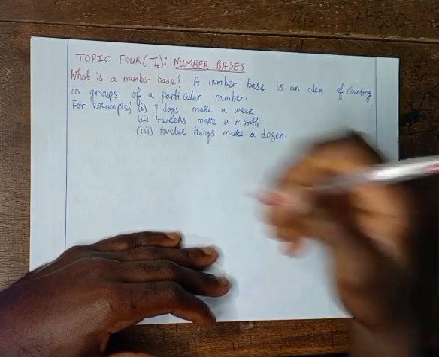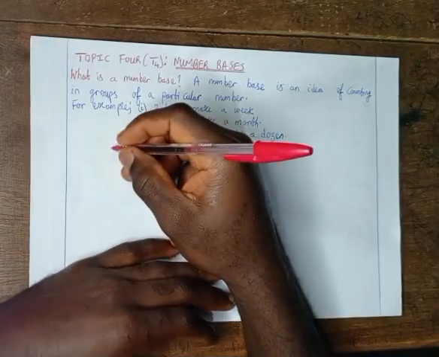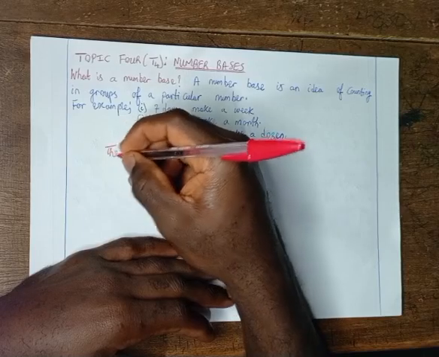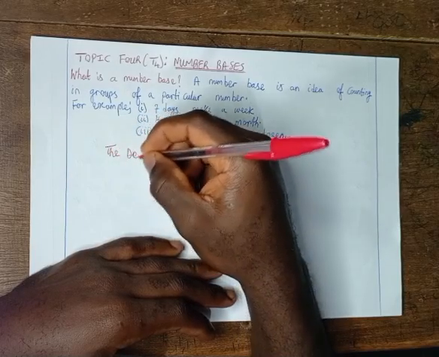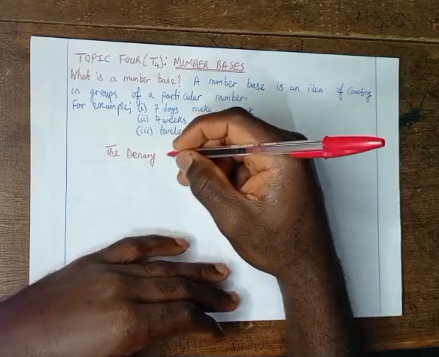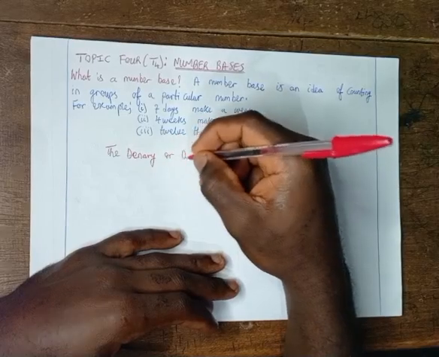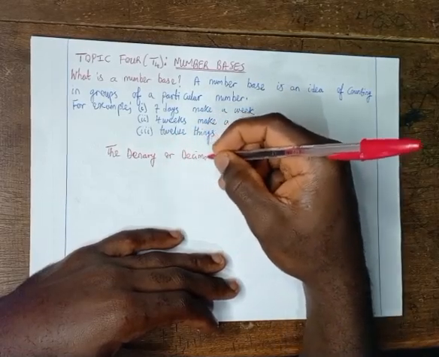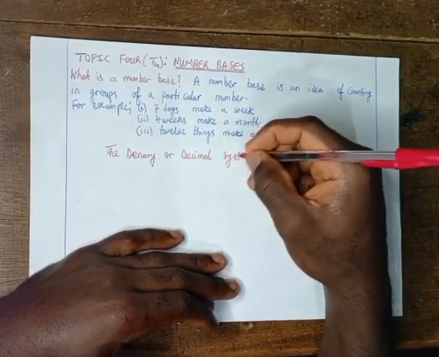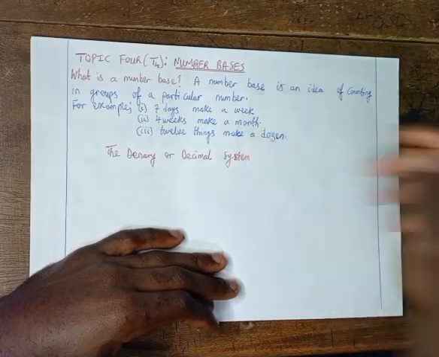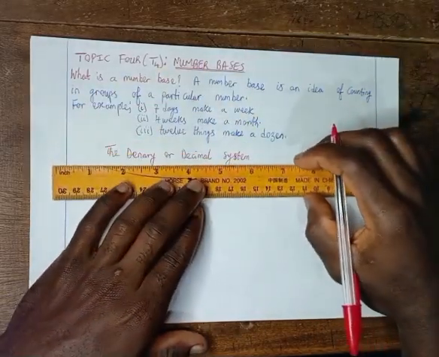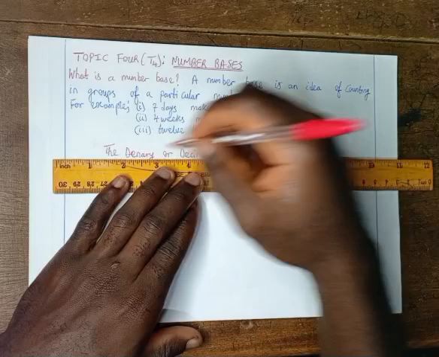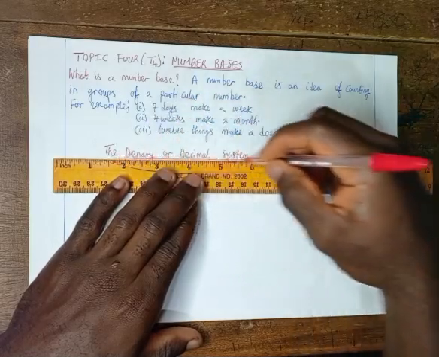Now let's take down the next subheading, which is the denary or decimal system. So you can either make use of denary or you make use of the word decimal. Represent the same thing.